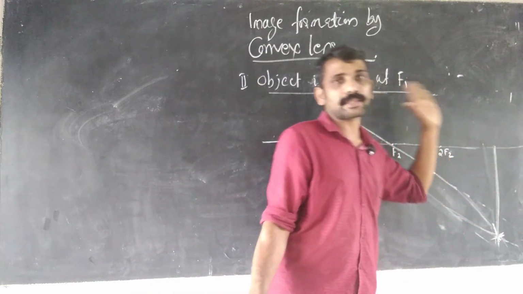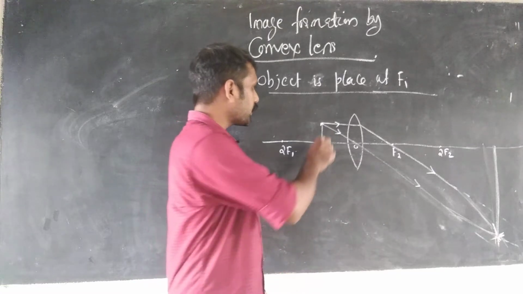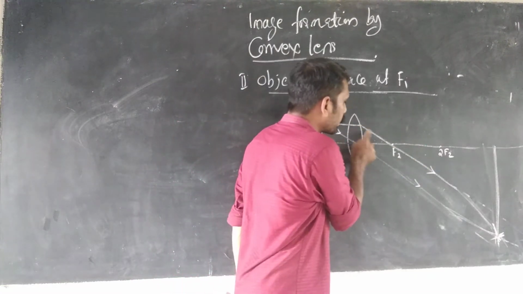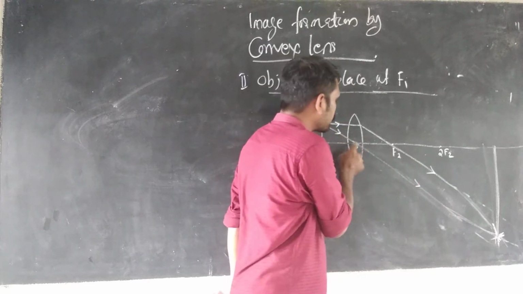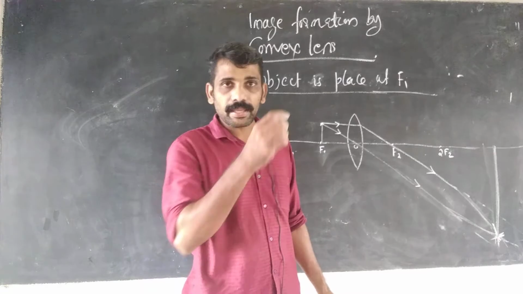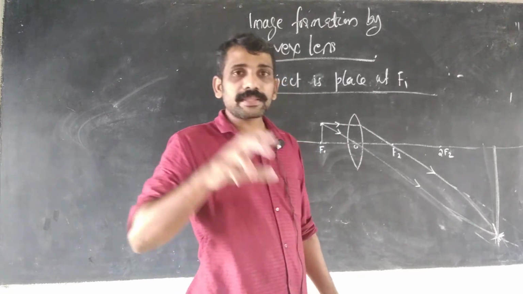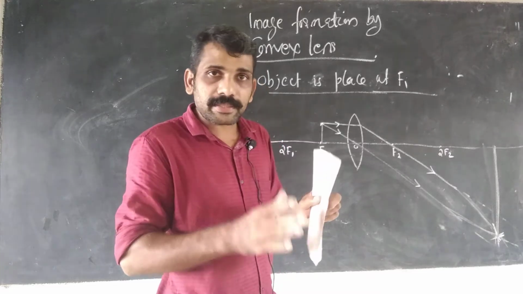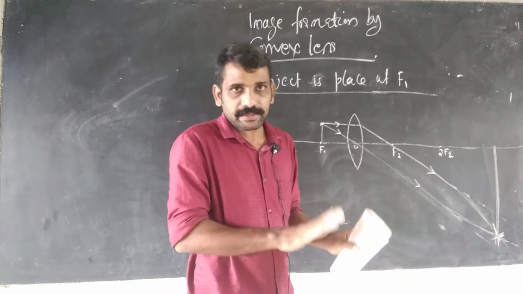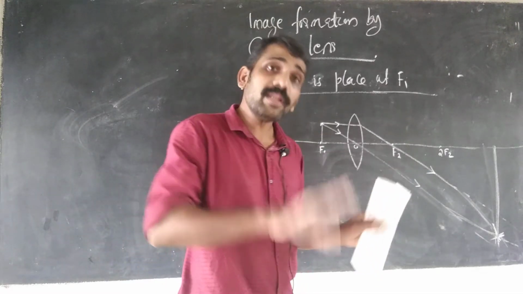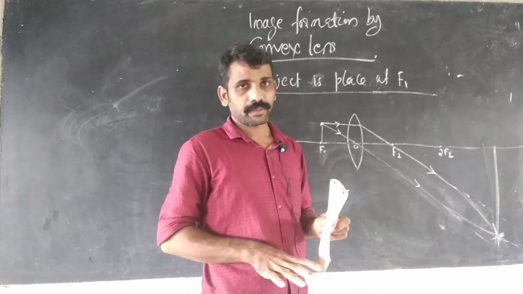So the image formed is at infinity. Here two rays are coming: one ray is parallel, and one ray is passing through the focus, another ray through the optical center. These two rays are parallel. Any rays which are passing parallel will not intersect at a nearest distance or near distance. They will intersect at infinity.